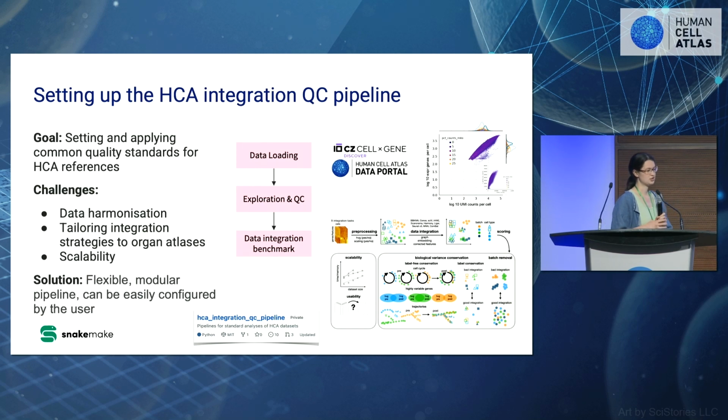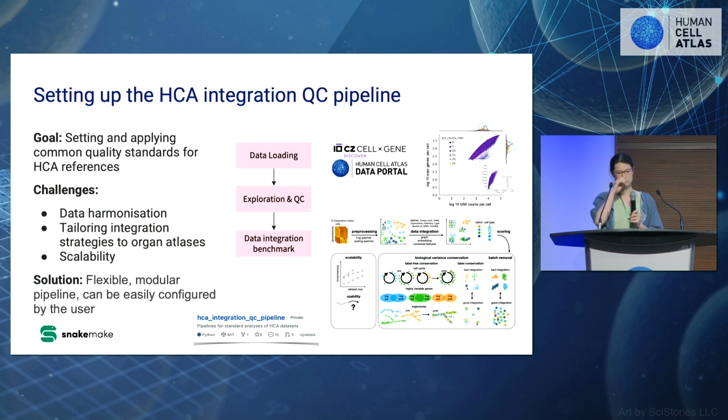The main challenges here are data harmonization, so basically making sure that all the metadata that you have available is also usable and comparable across data sets, but then also on the level of cell type annotations, which is also a pretty hard problem. The other thing is we want to be able to tailor our integration strategy to the specific organ system or to the specific biology of that system.